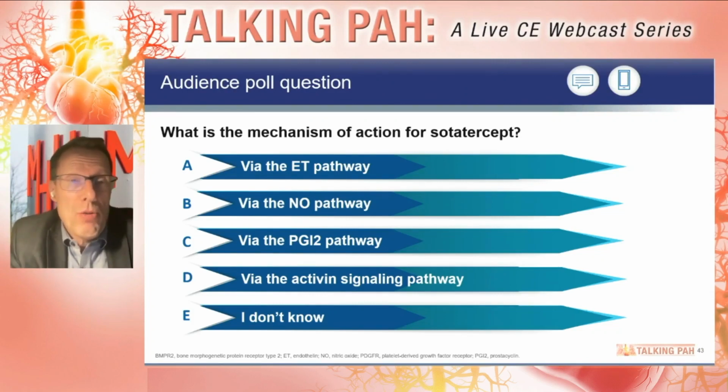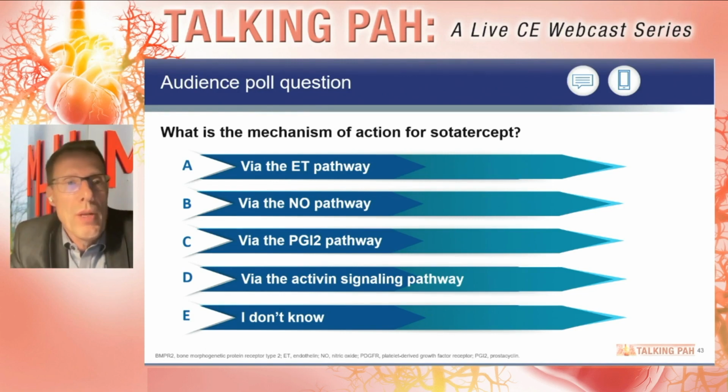And then we move on to the hot topic these days, which is sotatercept. And the question here is, what is the mechanism of action for sotatercept? Does it act via the endothelin pathway, the nitric oxide pathway, the prostacyclin pathway, the activin signaling pathway, or again, the fifth option is, I don't know.